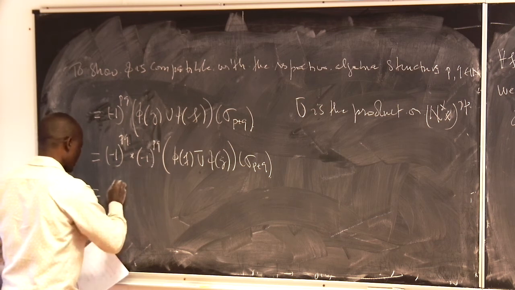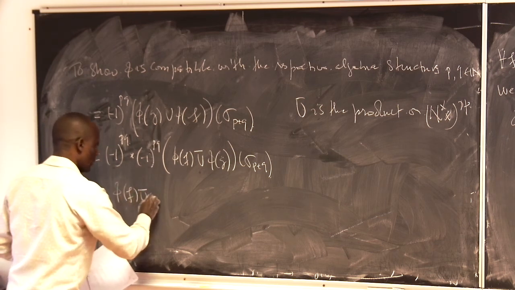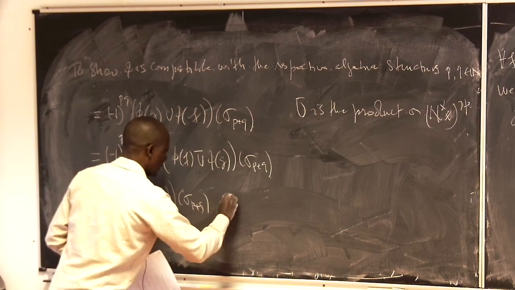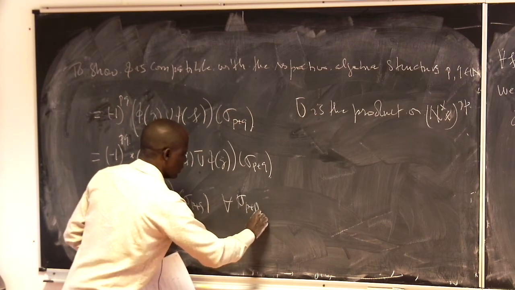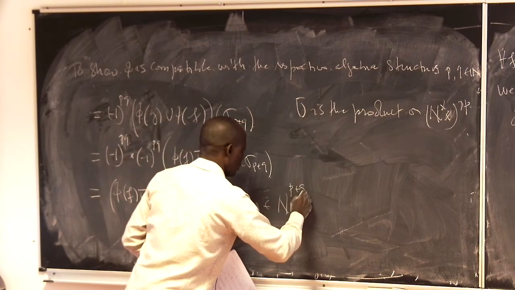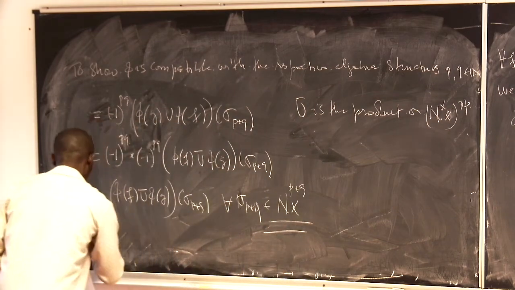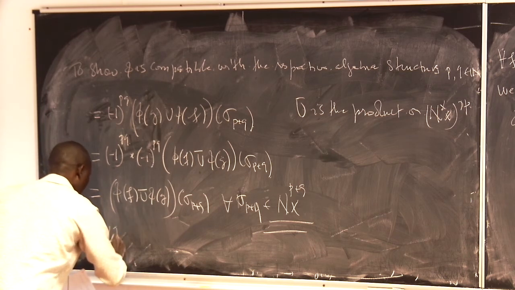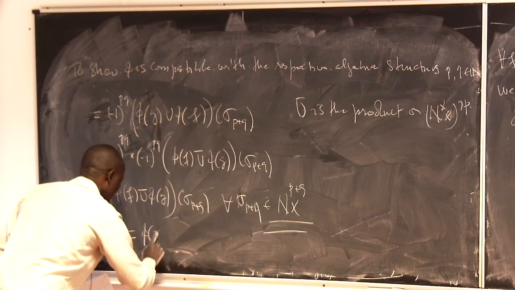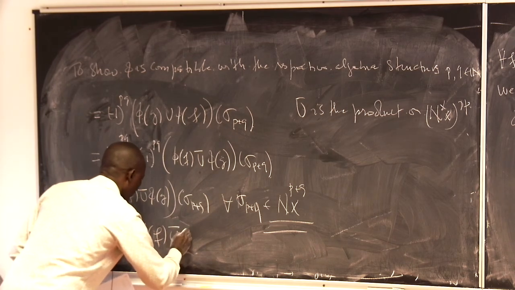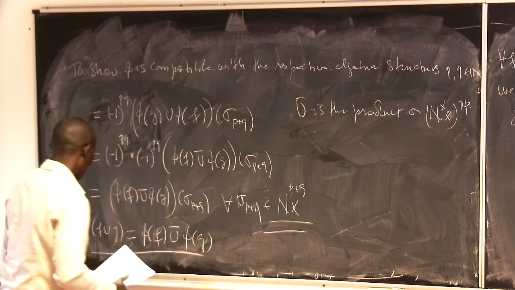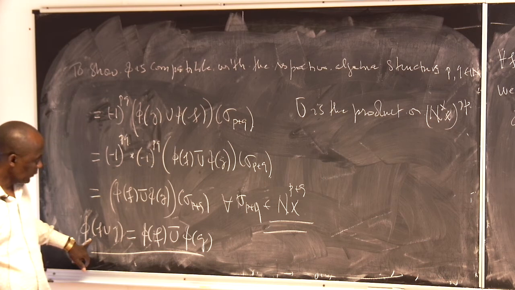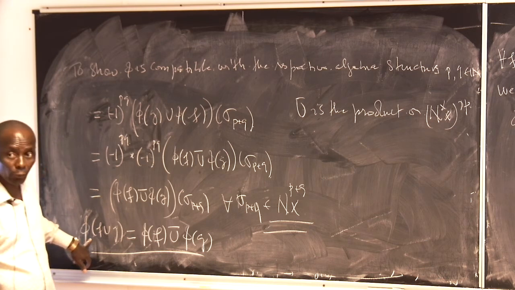So we have here phi of f cop bar phi of j applied to sigma_{p+q} for any sigma_{p+q} belonging to N_{p+q} of X, which means that phi of f cop j is equal to phi of f cop bar phi of j, and that makes us see that our phi is compatible with the product.